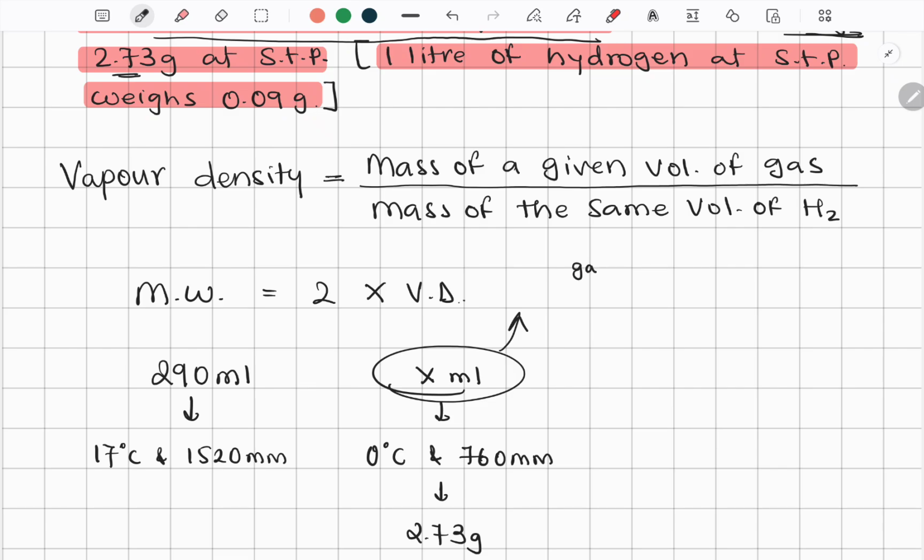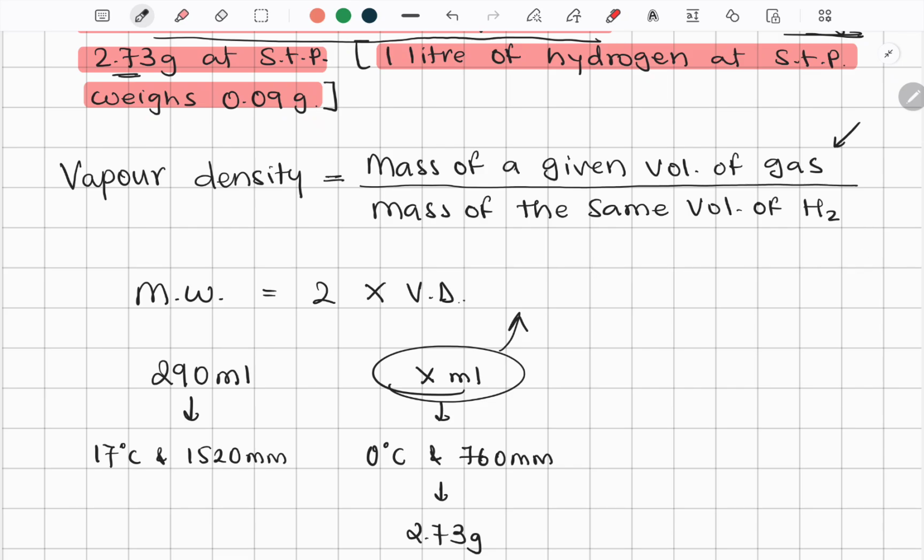Let's suppose I have a gas A. I take 1 liter of gas A and weigh it; whatever the mass comes, I put in the numerator. Now I take 1 liter of hydrogen, measure it, and whatever the mass comes, I put in the denominator. Are you guys understanding?